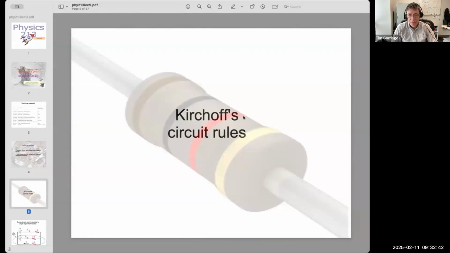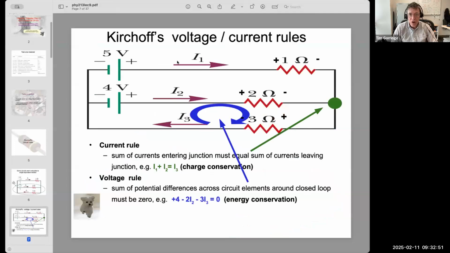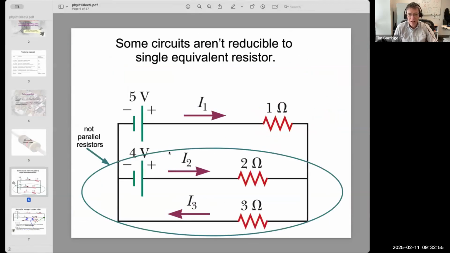So let's start with Kirchhoff's circuit rules. And I think I will start with just showing you this slide here, which is of a circuit that is an interesting circuit in the context of the last class.